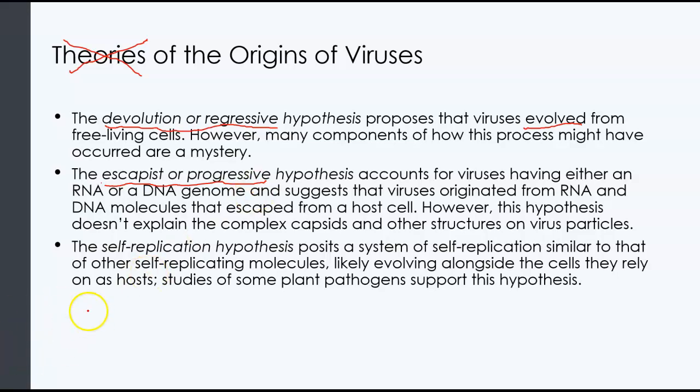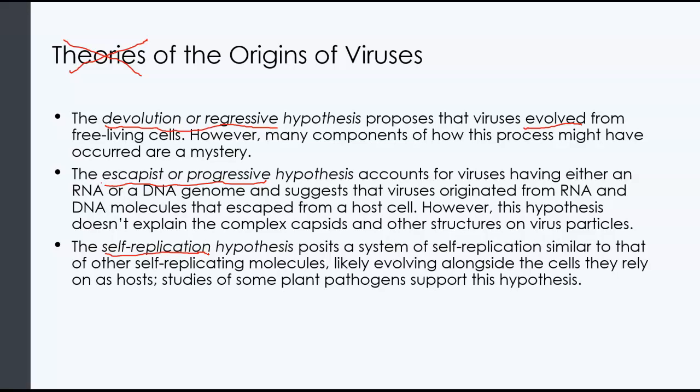And then there's a self-replication hypothesis. That proposes that a system of self-replication similar to that of other self-replicating molecules evolved alongside the cells they rely on as host, kind of like coevolution, like the bees and other pollinators have co-evolved along with plants.